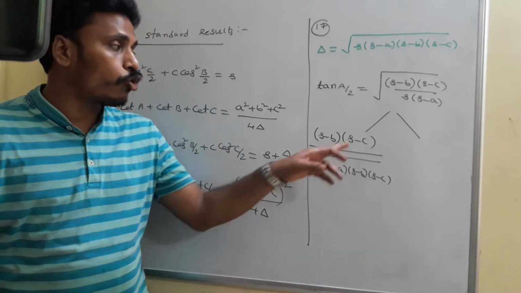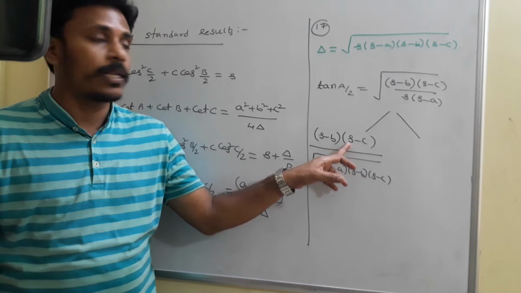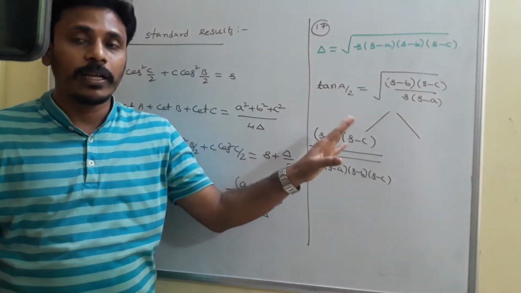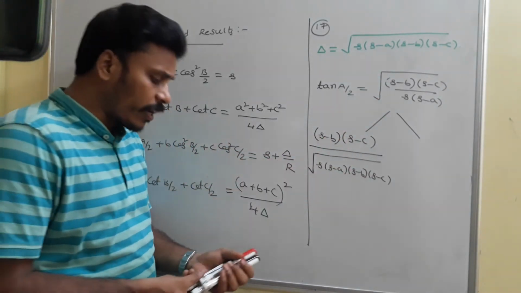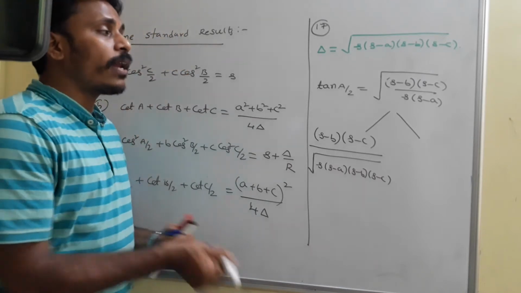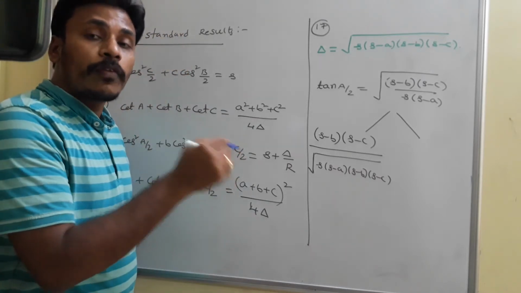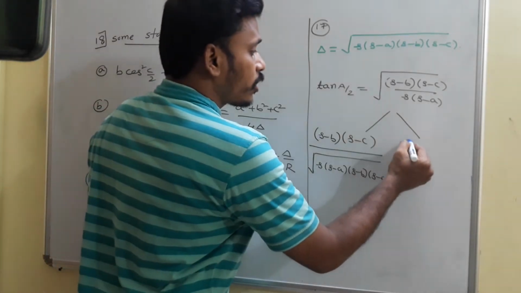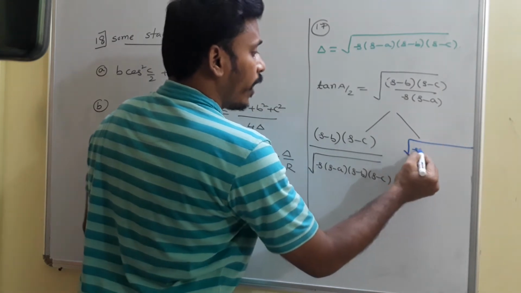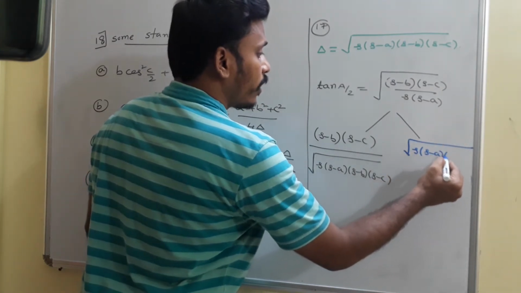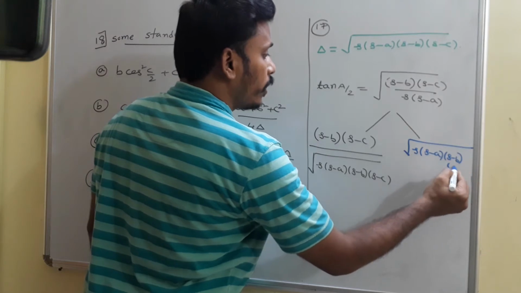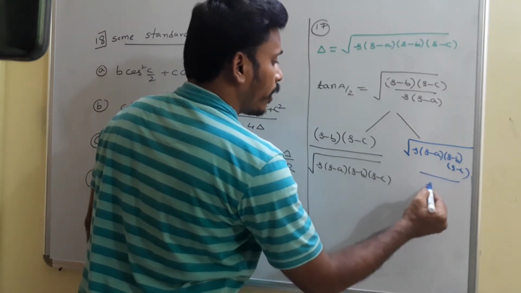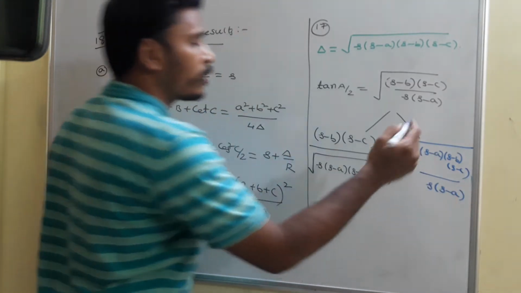If you multiply the numerator with root of s minus b into s minus c, this root and that root will get cancelled, right? And in the other case, if you multiply numerator and denominator with root of s into s minus a, you will get root of s into s minus a into s minus b into s minus c divided by s into s minus a.